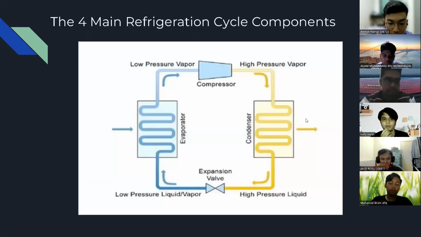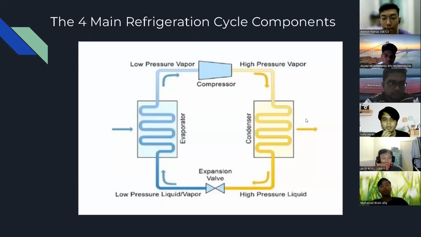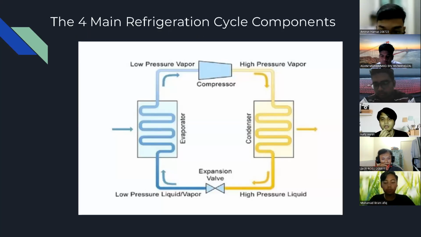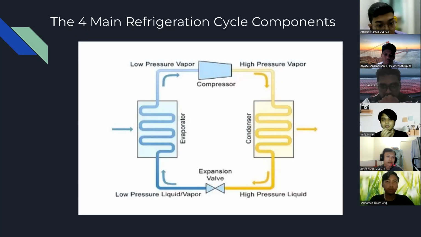So these are the four main refrigeration cycle components. The process begins at the compressor, which compresses the refrigerant, causing high pressure vapor and high temperature. Then the refrigerant will flow into the condenser, which will change the phase from vapor to liquid.